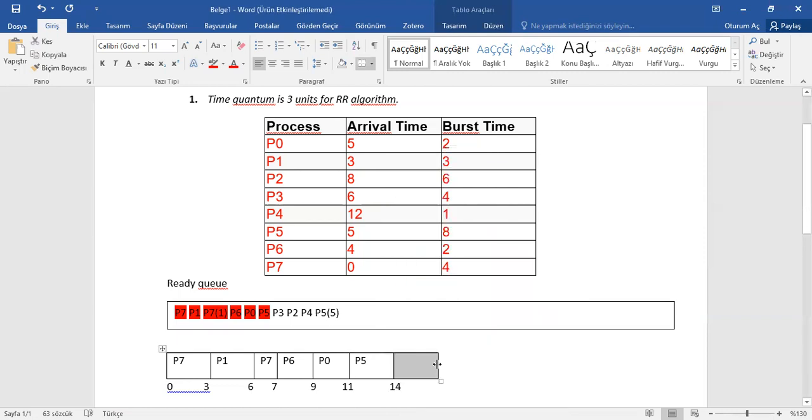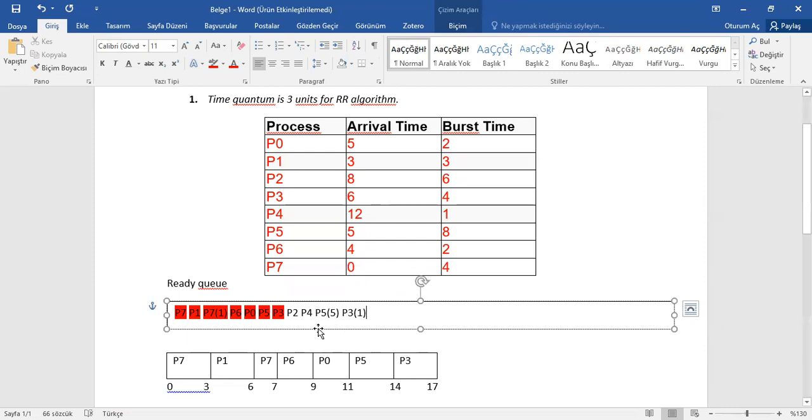Sorry, I'm saying 4, but I will execute 3 nanoseconds again. So 17. Here P3. What is execution time? Burst time is 4. So when I finished here, I have to put it back to the ready queue, but it has remaining 1 nanosecond.